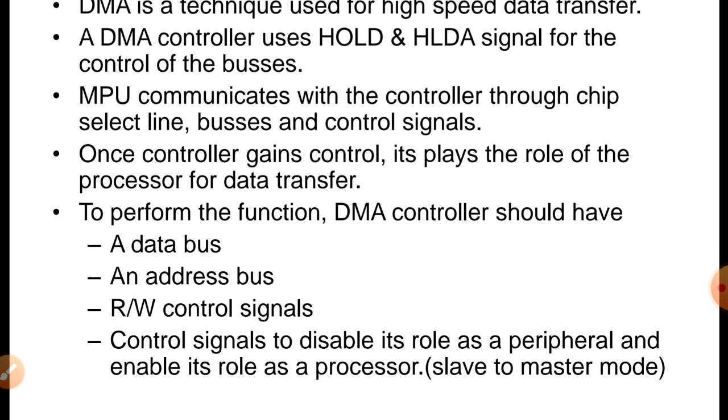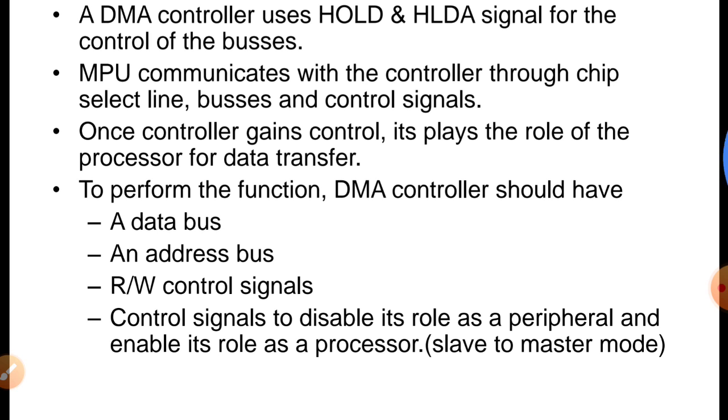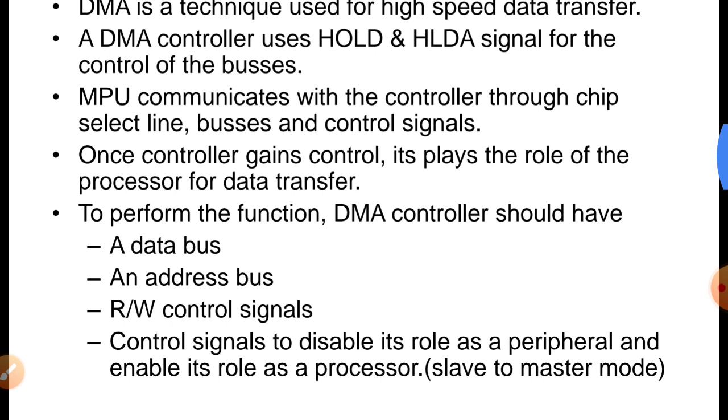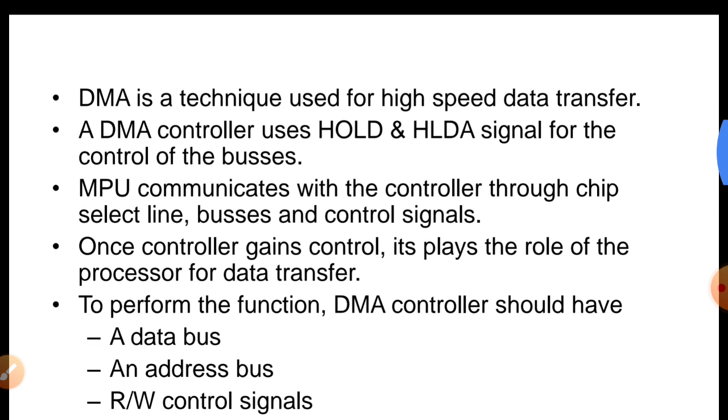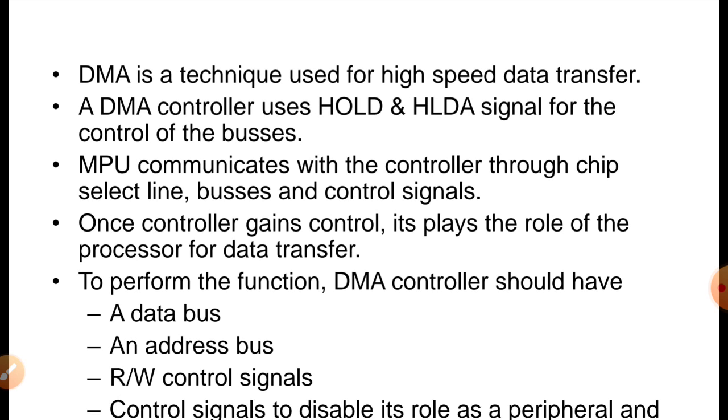For that purpose we use a controller, and that is known as the DMA controller. The purpose of using the controller is to manage the data transfer in between the different memory or peripheral devices under its control. Thus, it bypasses the microprocessor unit.